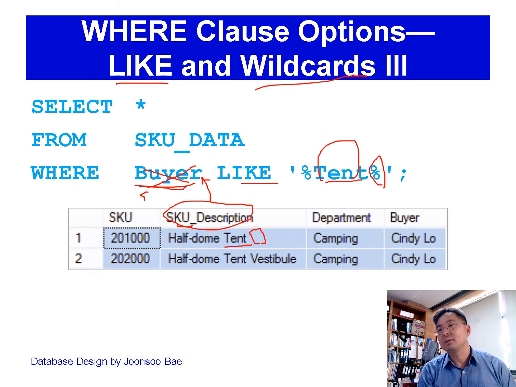So nothing is okay, and this one is also okay, anything, and anything at the beginning is also okay. This one is okay. So two data will be searched from these examples. Be careful that buyer is the wrong one. Instead of that, SKU description must be used here. So be careful.